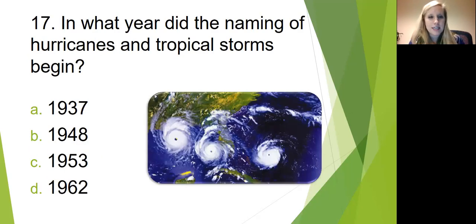Question 17. In what year did the naming of hurricanes and tropical storms begin? Was it A, 1937, B, 1948, C, 1953, or D, 1962?